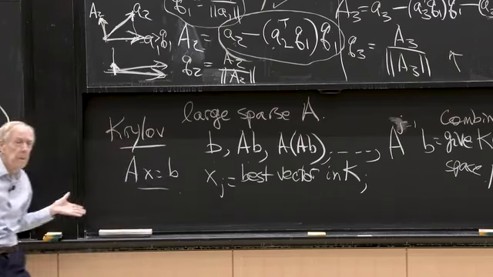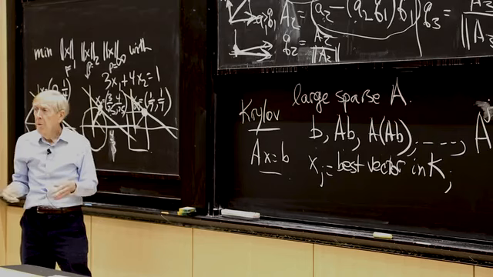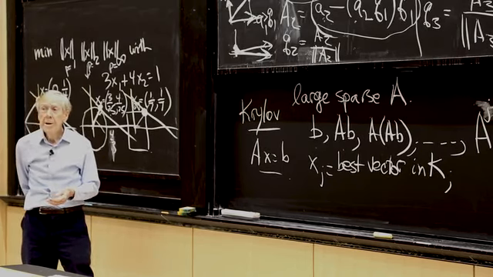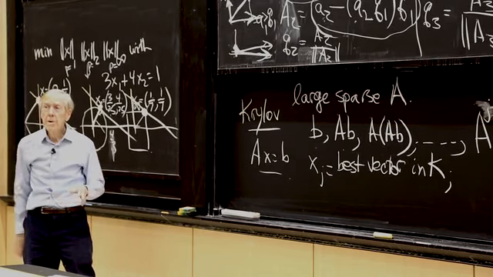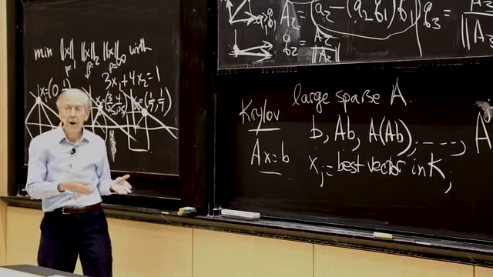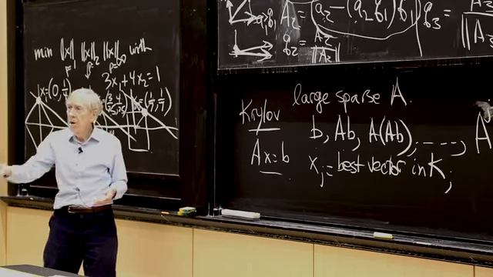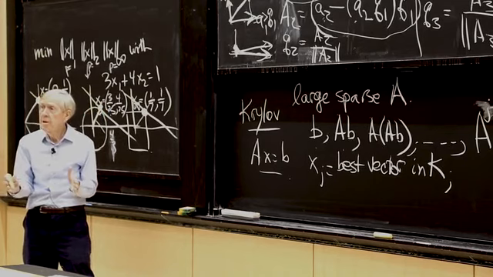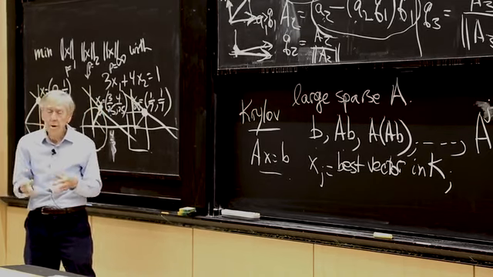Anytime you want to do big computations, what kind of a basis do you want? Yes? So what sort of a basis is good to project onto, to find the best solution within that subspace? So you're sort of finding a projection.